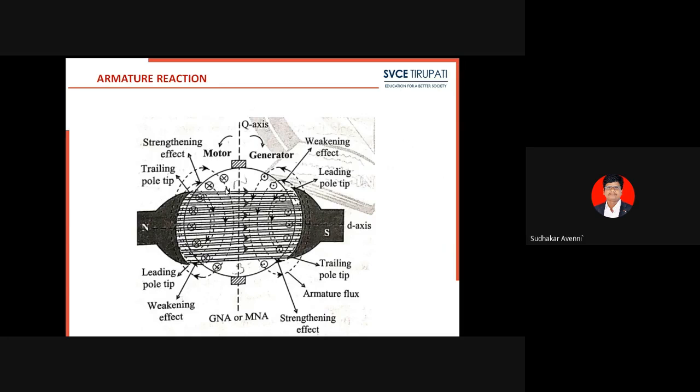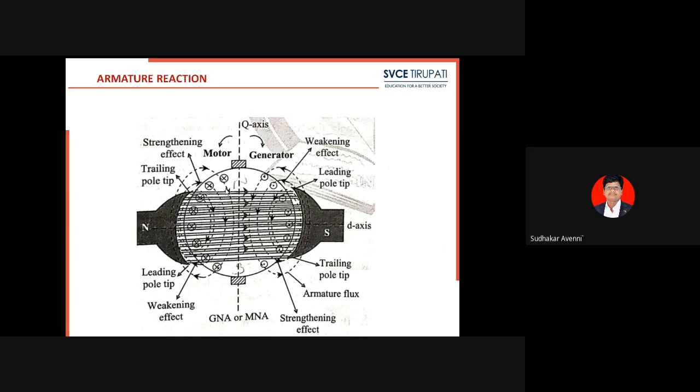The effect of armature flux on main field flux is called armature reaction. When armature reaction exists in a DC generator, what happens to the generated voltage?